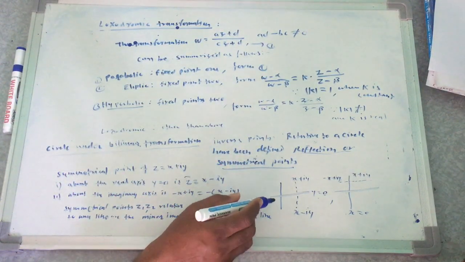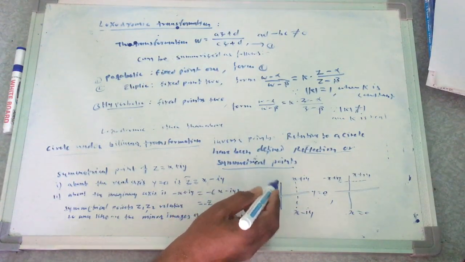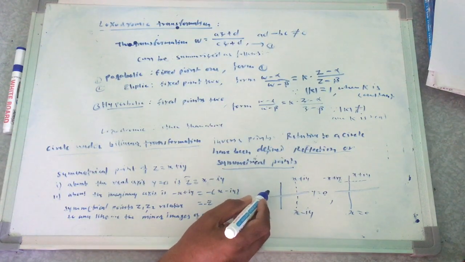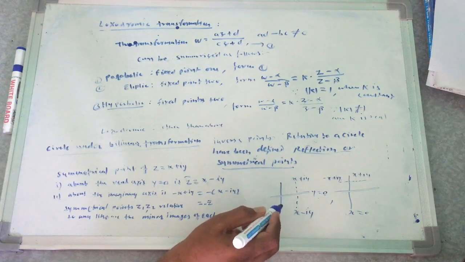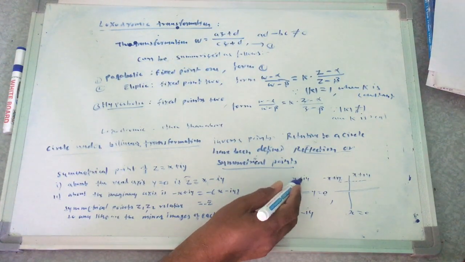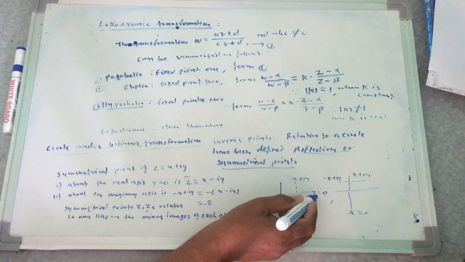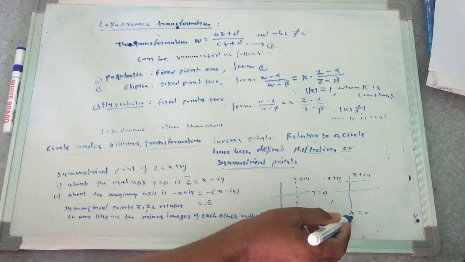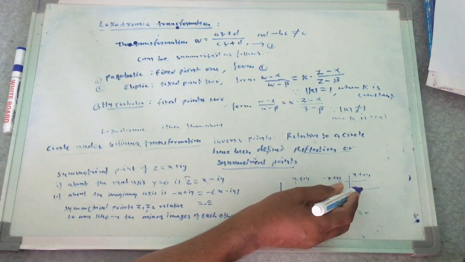We have explained the line here. See the figure. There are two figures. This is the x-axis, this is the y-axis. We have drawn a line parallel to the y-axis, and this is x minus iy, x plus iy. Here y is equal to 0 is taken. Again in the second figure, x is equal to 0, and we have drawn a line parallel to the x-axis.